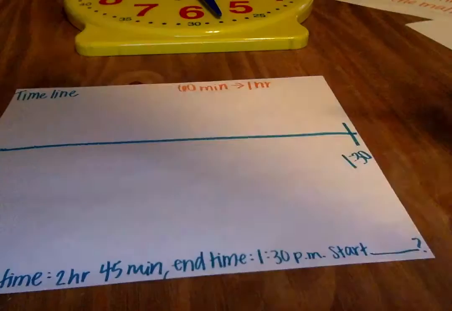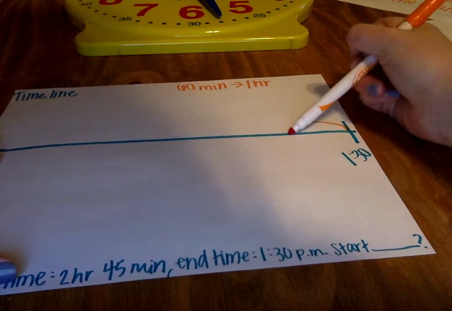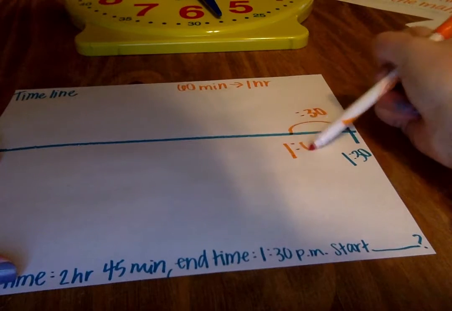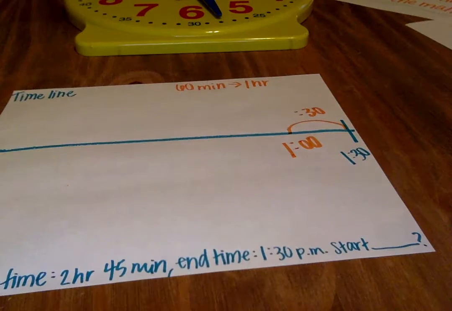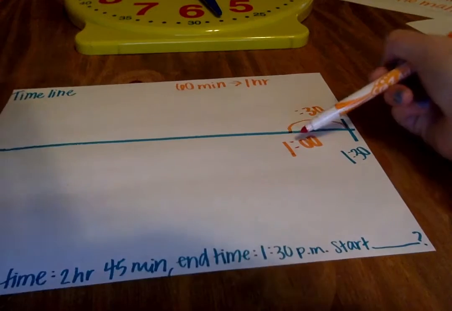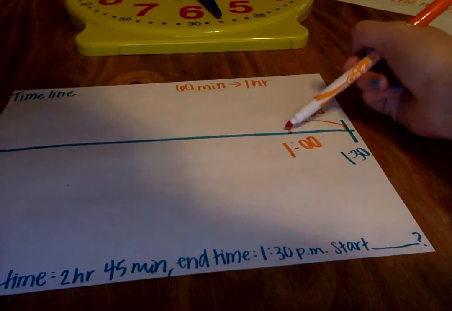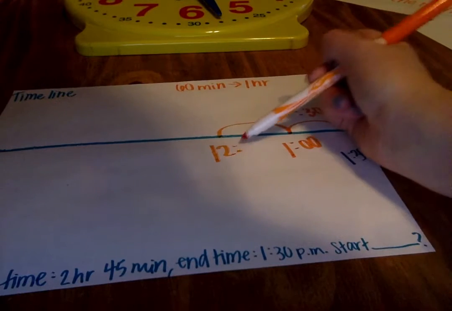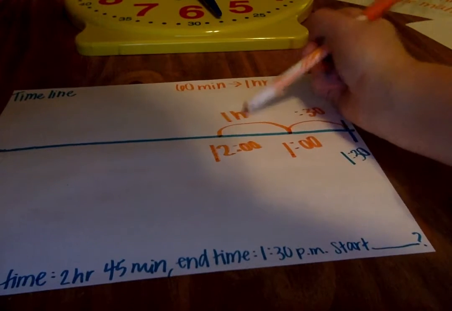So if we start at 1:30 and if we go 30 minutes, we end up at 1 o'clock. So now we have 30 minutes that we have subtracted. Next, from 1 o'clock, if I want to go 1 hour, we're going to land on 12 o'clock. That's 1 hour.